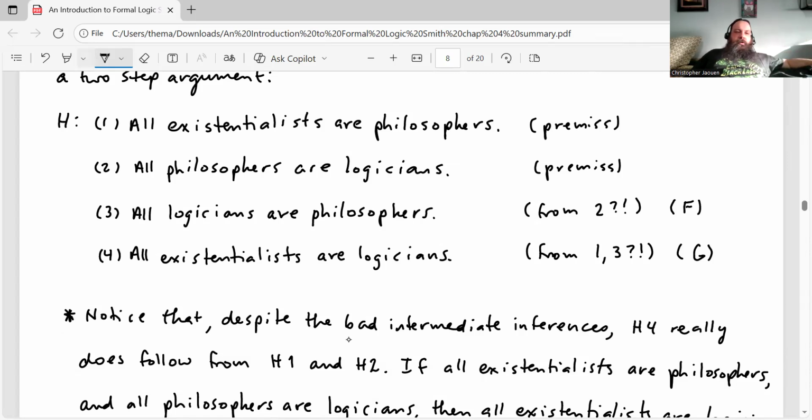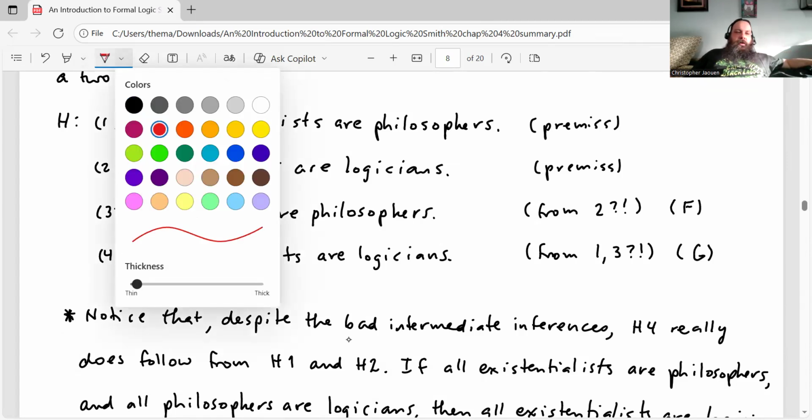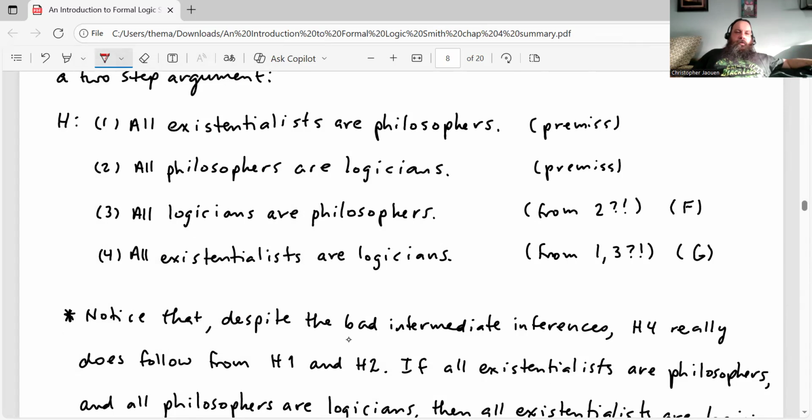So, for example, you get a syllogism if you use premise one, all existentialists are philosophers, and premise two, all philosophers are logicians. Proposition four follows validly from those two premises.